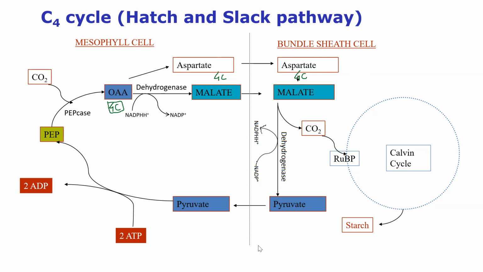So this is how the entire C4 cycle runs. First of all, let me know, is it clear to everybody how the C4 cycle runs? Is it clear? In case of any doubt, please let me know. So please note it quickly.